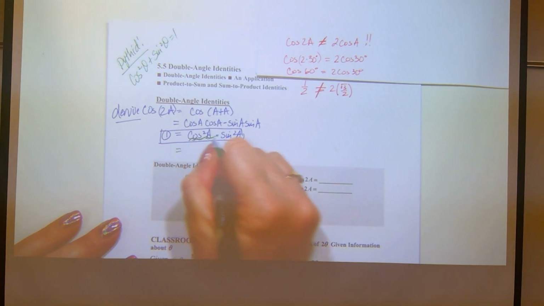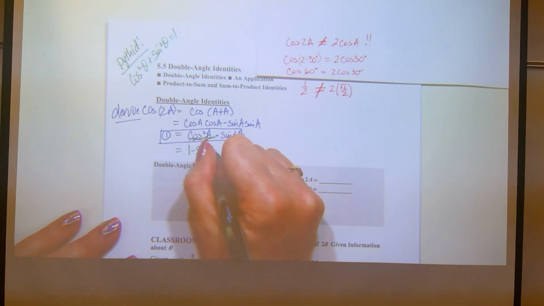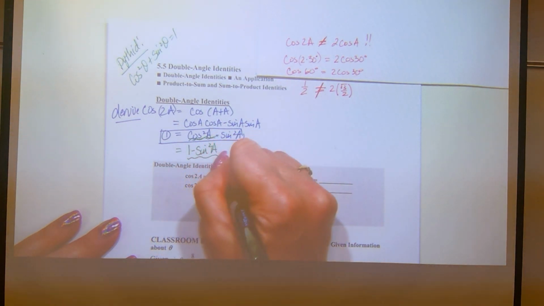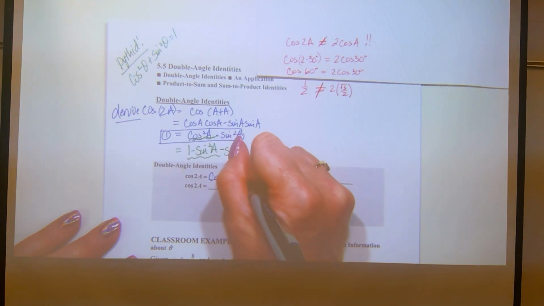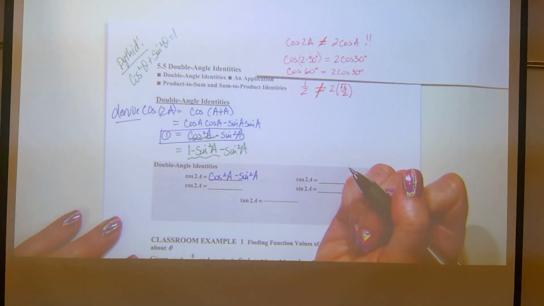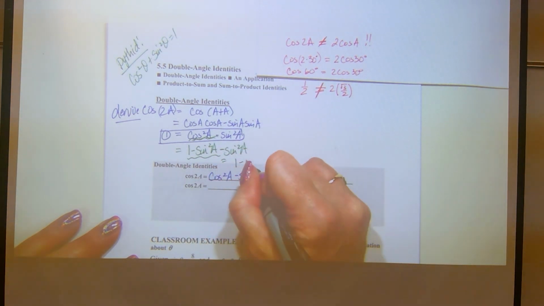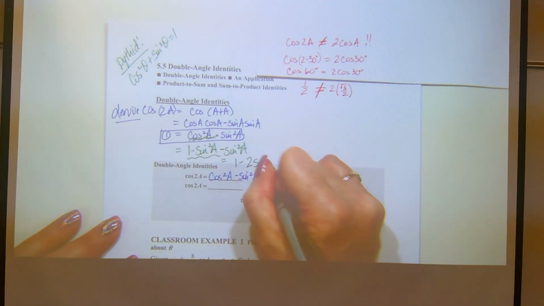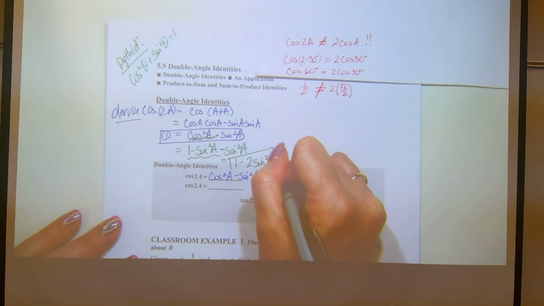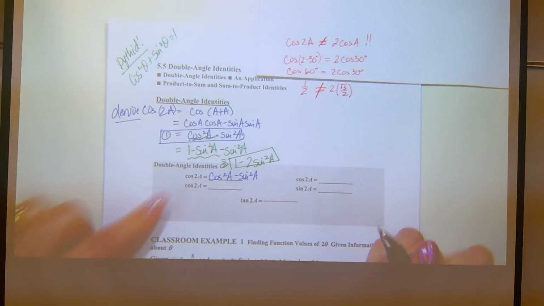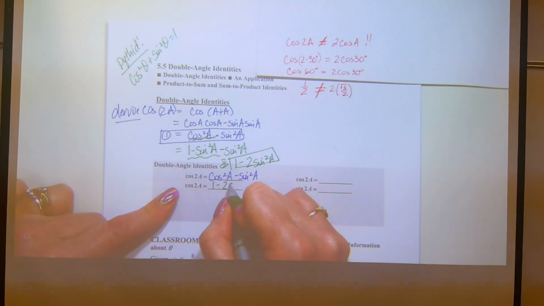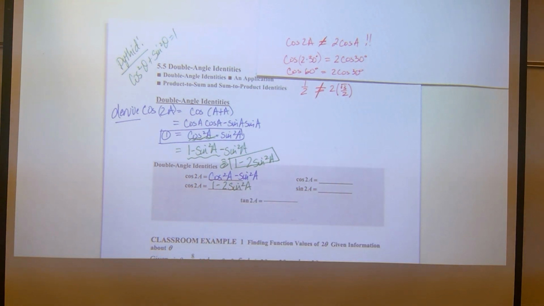So I'm going to take that out and replace it with 1 minus sine square a. That's my substitution. And then I already had negative sine square a. When I combine those, I get 1 minus 2 sine square a. And that's my second cosine double angle identity.